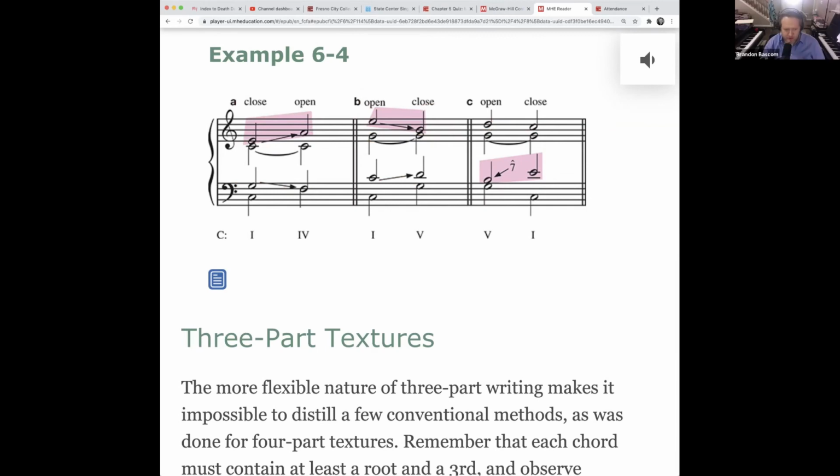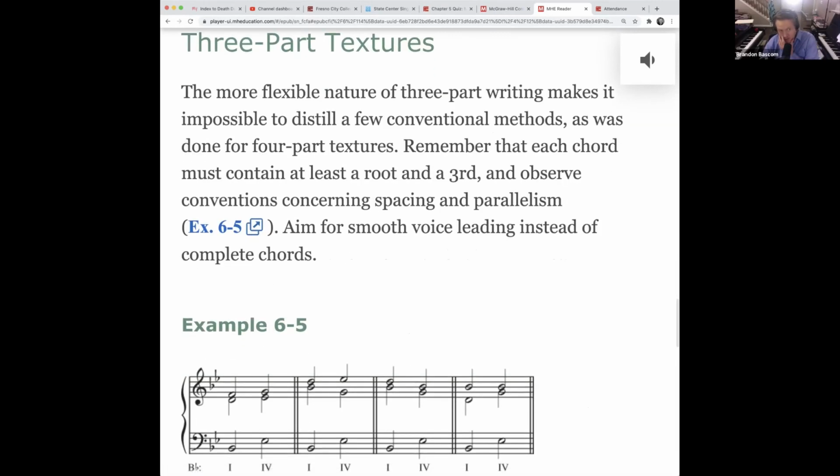3-part textures. We could do the same with 3-part textures, but it's a little bit more flexible. Remember that we have to have each chord having a root and a third. And it says to aim for smooth voice leading rather than complete chords.